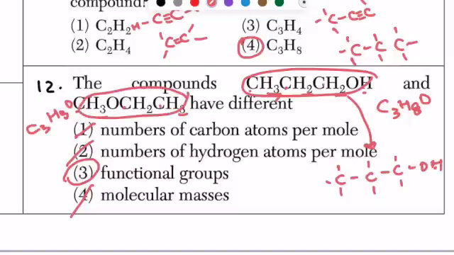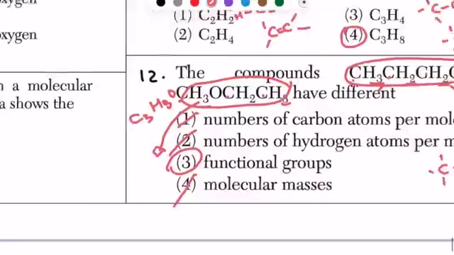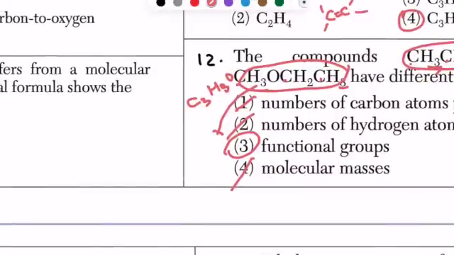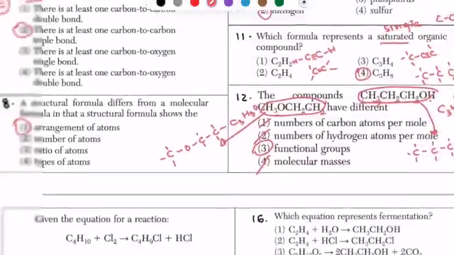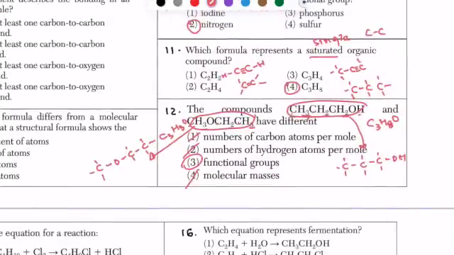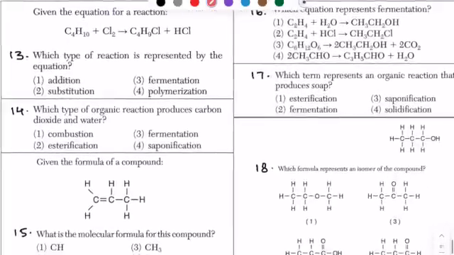If you look at the second one, now we have CH3, then we have an oxygen, and then we have CH2, and then we have CH3. So as you can see, the oxygen is at a different location for both of them. So this right here is an alcohol because it has the OH, and this right here is an ether.